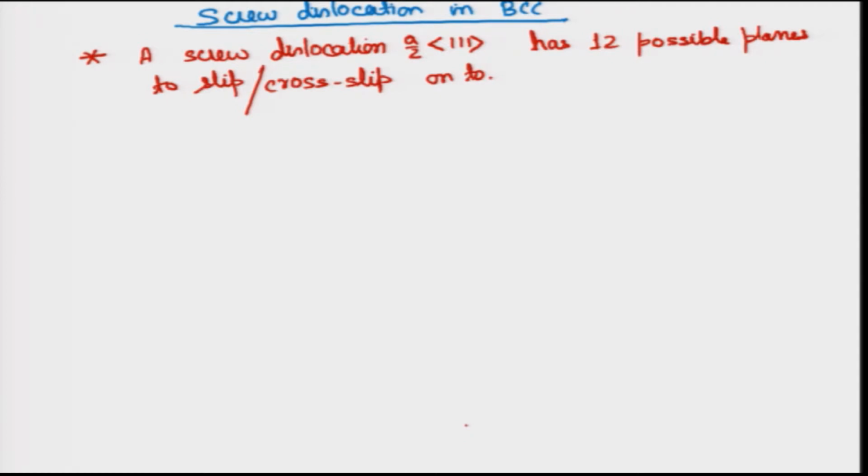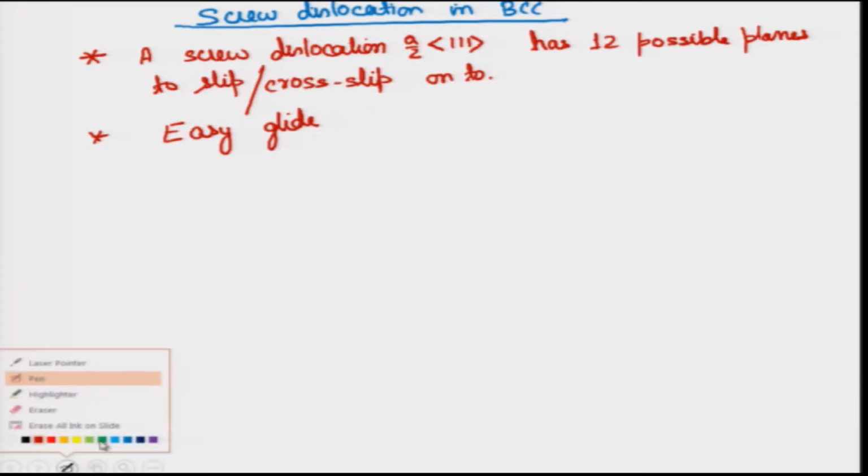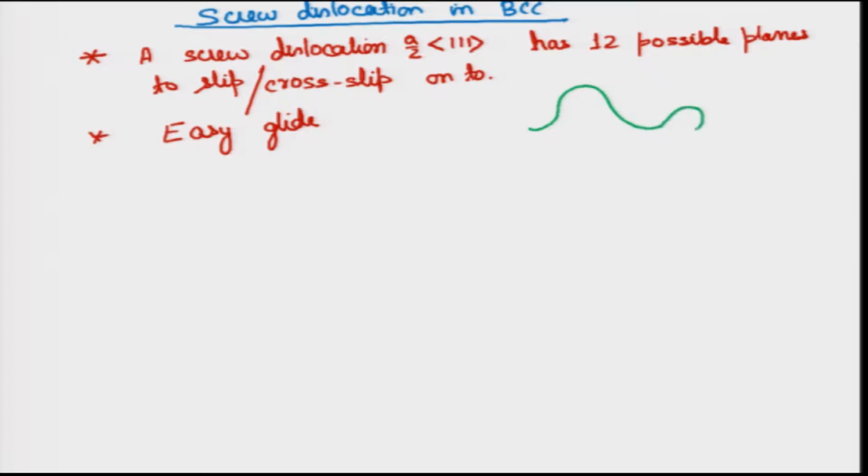So a screw dislocation is so much more versatile in a BCC system compared to an FCC system, and that is where you get what we call easy glide. If you look macroscopically, it may seem as if the dislocations leave a trail as if they are moving randomly, there is no fixed path.